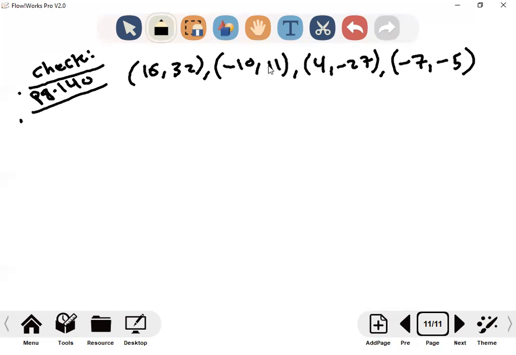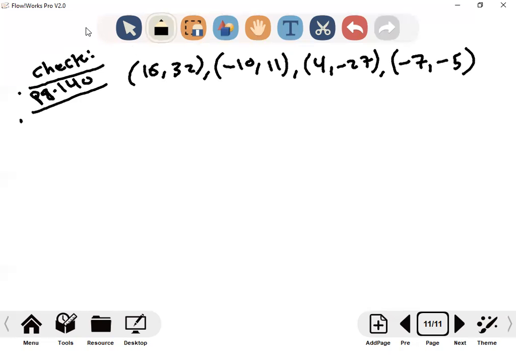For 16, negative 10, and negative 7, what is the scale you will use? Step by 2, 5, or 10? By 2, because the numbers are close to each other, right? Which one is part B? From negative 12 to 18. And negative 12 to 18 covers all the x values, right?